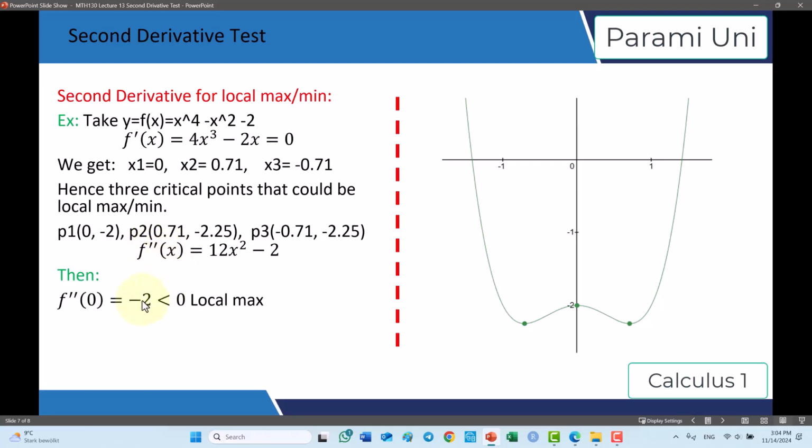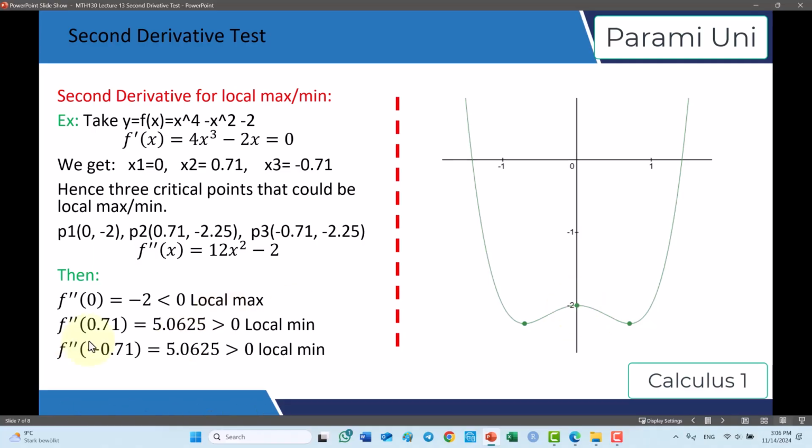If the resulting value was negative, which is the case for 0, then we have a local maximum, which is this one here. If f double prime of 0.71 is 5 point something, which is positive, therefore we have a local minimum there. And likewise, if f double prime of minus 0.71 is 5 point something, which is again positive, therefore there we have a local minimum too.